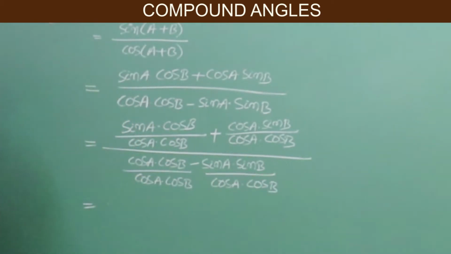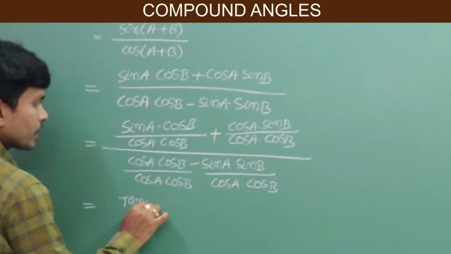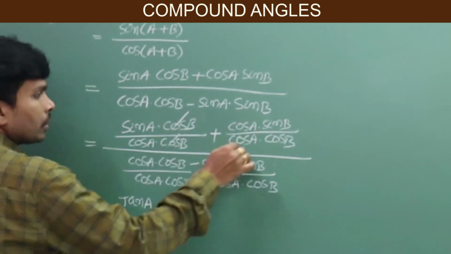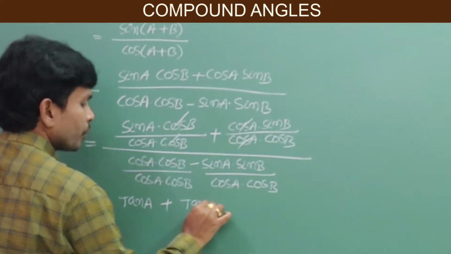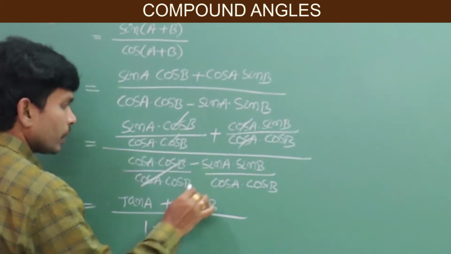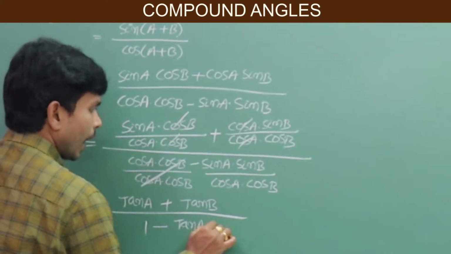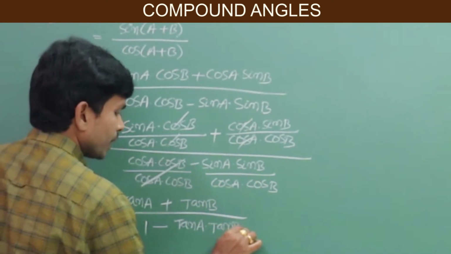Now you observe, sin a by cos a, you will get tan a. So cos b cancels, cos a cancels. Sin b by cos b, you will get tan b, whole by 1 minus tan a tan b.